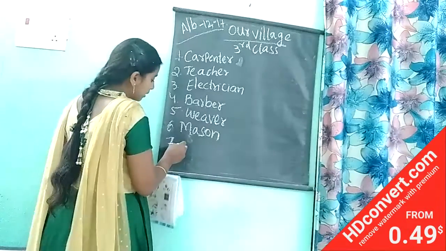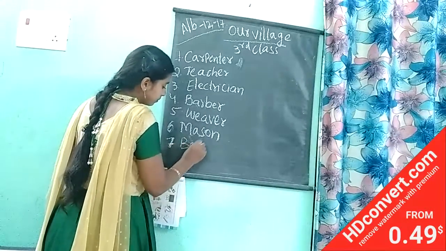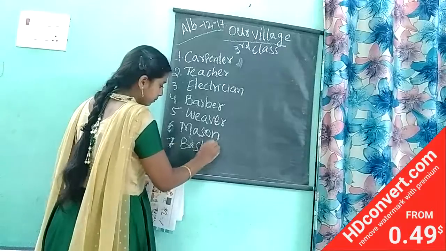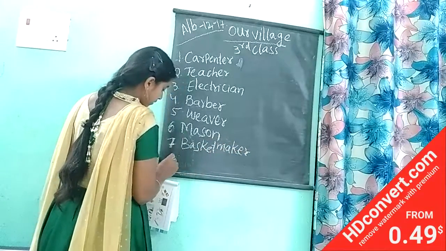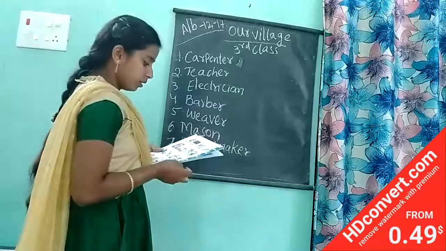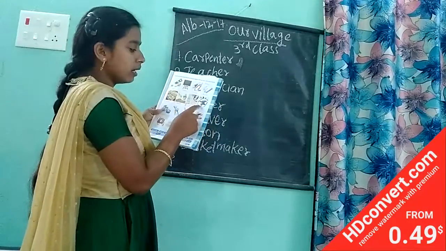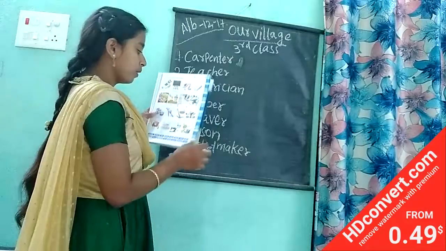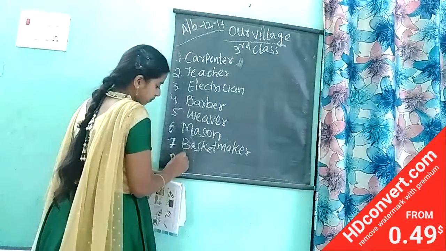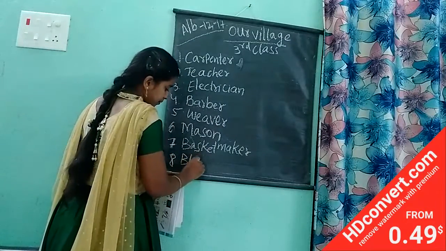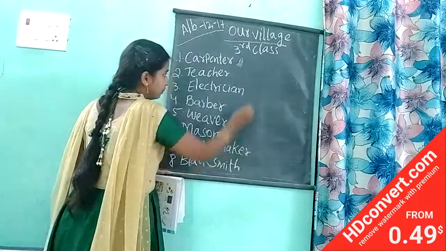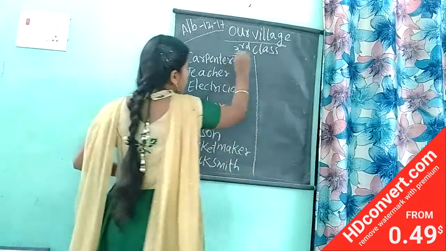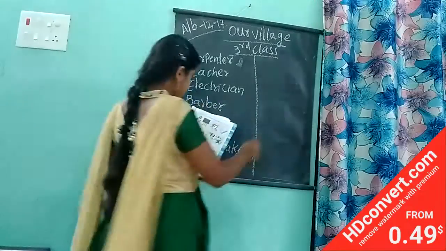They are called a basket maker. Eighth one, who does these sickles, axes, everything, is a blacksmith. Blacksmith.